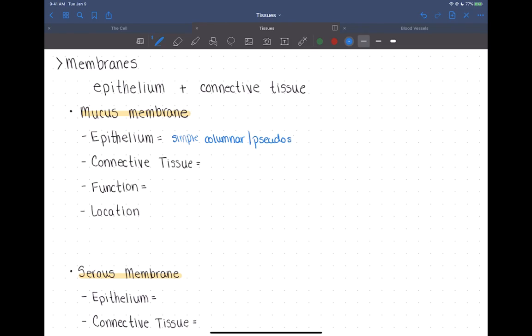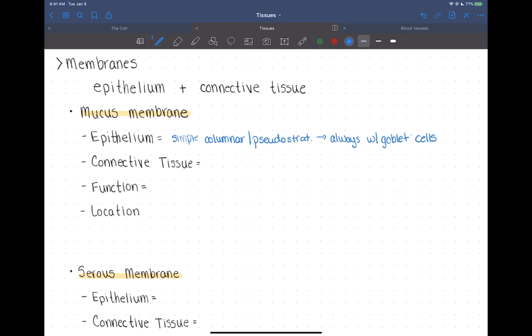But what they're always going to have in common is lots and lots of goblet cells, always. That's the mucus part of the mucous membrane. There's going to be lots of goblet cells producing mucus in whatever the epithelium is that is present.